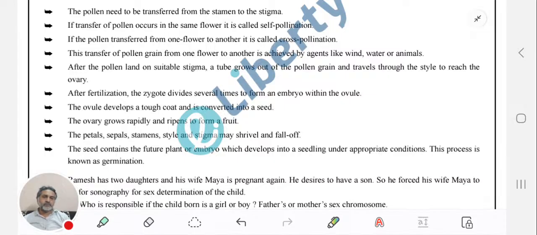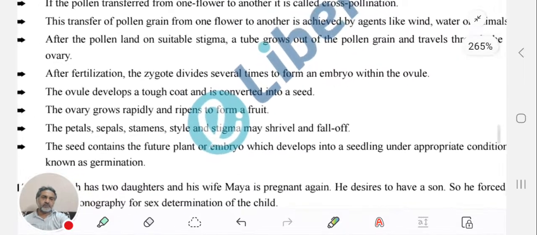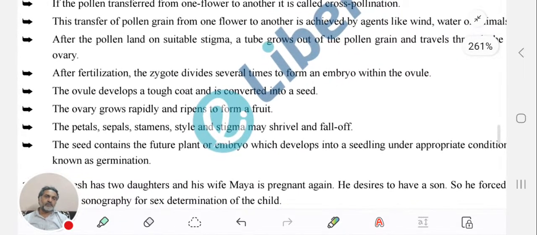After fertilization, the zygote divides several times to form an embryo within the ovule. The ovule develops a tough coat and is converted into a seed.